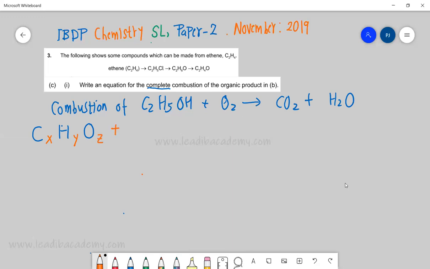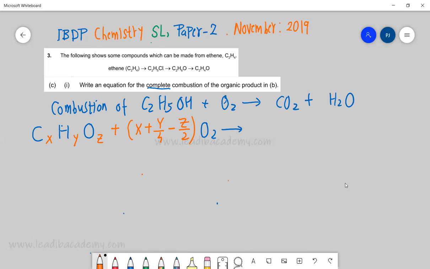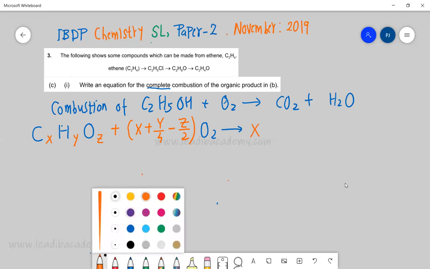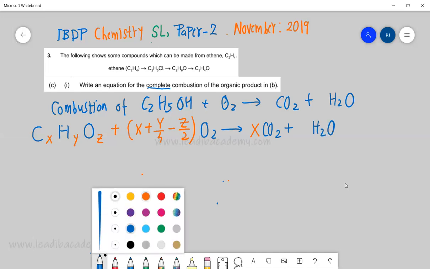Now what is the formula? The compound will react with X plus Y by 4 minus Z by 2 oxygen, and then extremely simple, X amount of CO2 followed by H2O, which is Y by 2.